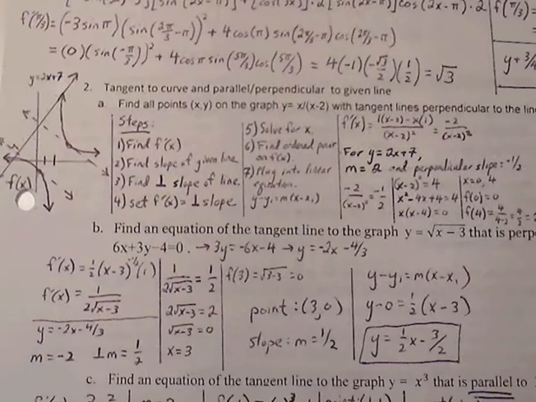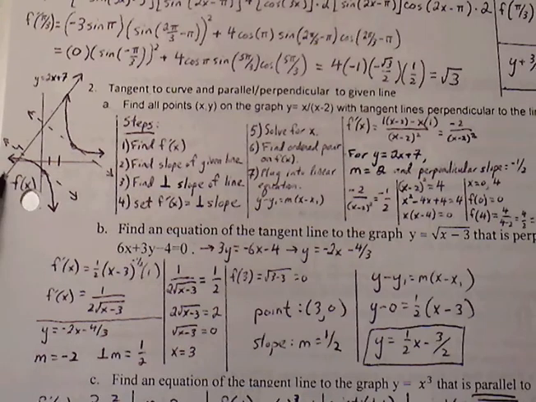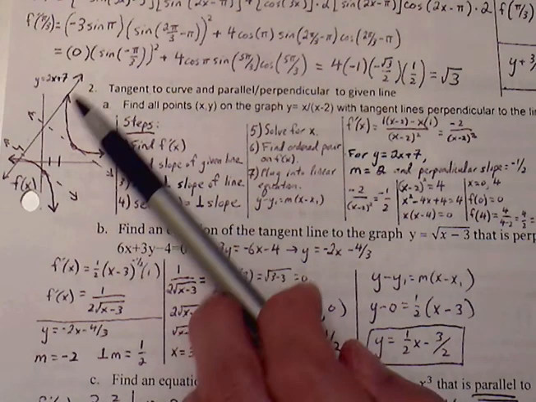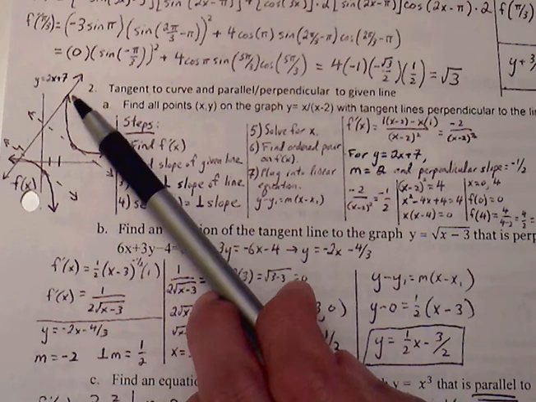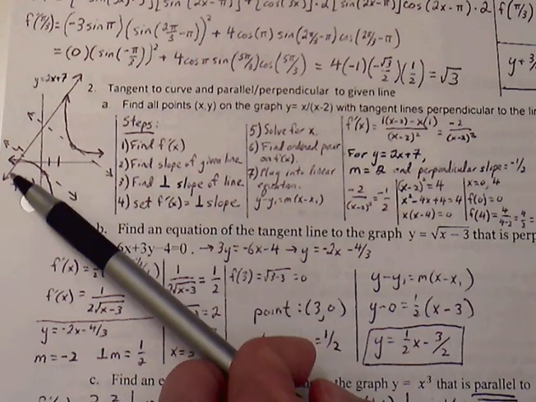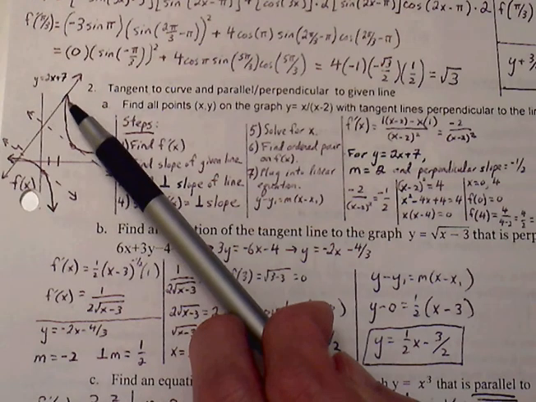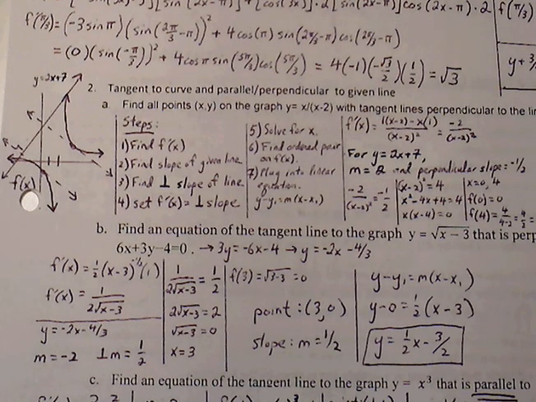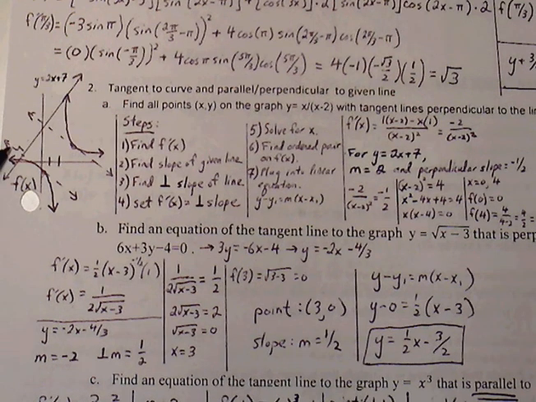So here's what we need to do. We need to find the slope of this line, and we have the equation, so we can find the slope. Once we find the slope of this line, we want to identify the perpendicular slope to that line, and we can find that by finding the negative reciprocal of our first line.